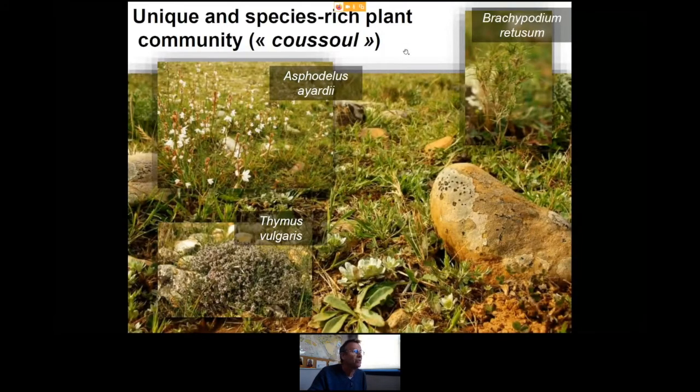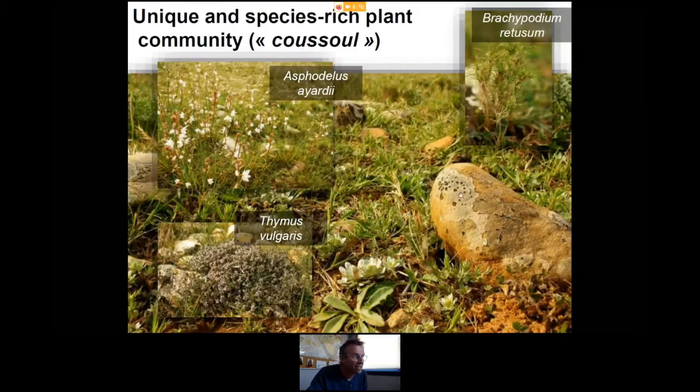The local name is Coussoul, coming from the Latin cursorium, which means the space we cross, because it has always been an open area. It is characterized by very high species richness, more than 40 to 50 plants per square meter, with some common plants which dominate the area, for example Thymus vulgaris, thyme, and Brachypodium retusum, which are very common.